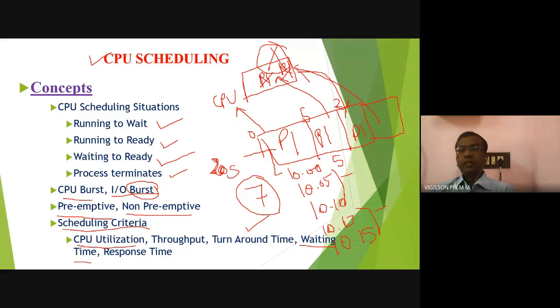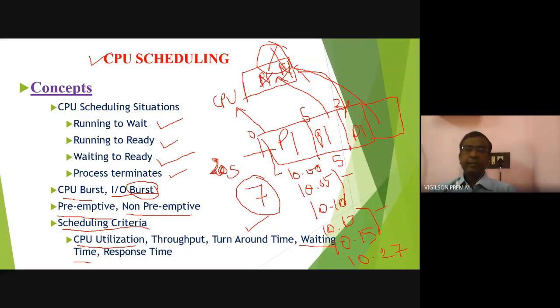The job is completed at 10:27. What is the turnaround time? It comes at 10 o'clock and completes at 10:27, so the turnaround time is 27 seconds. What is the waiting time? 7 seconds.